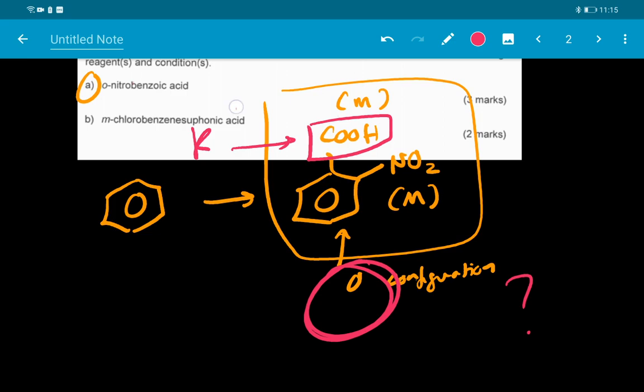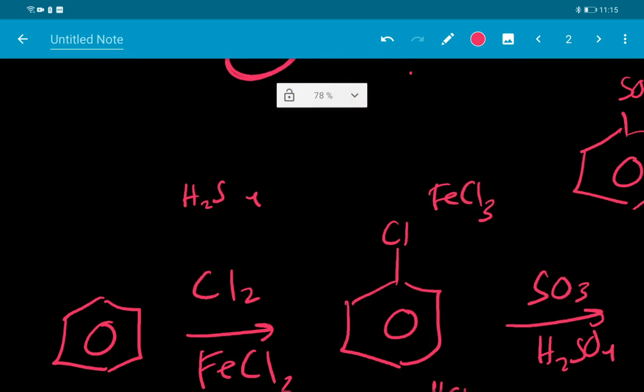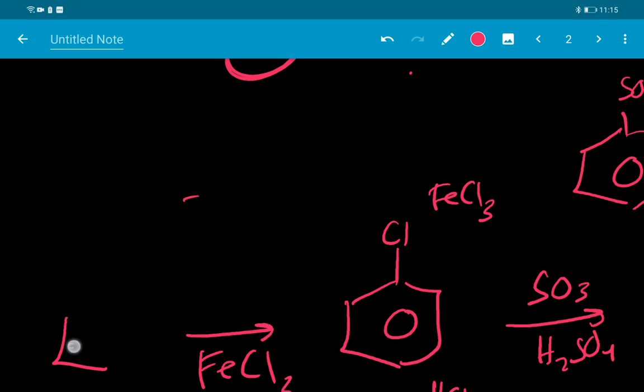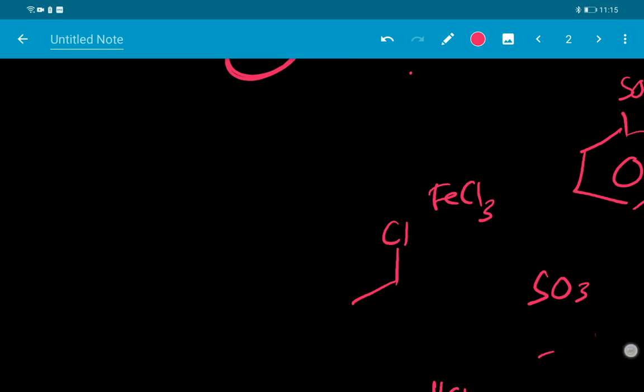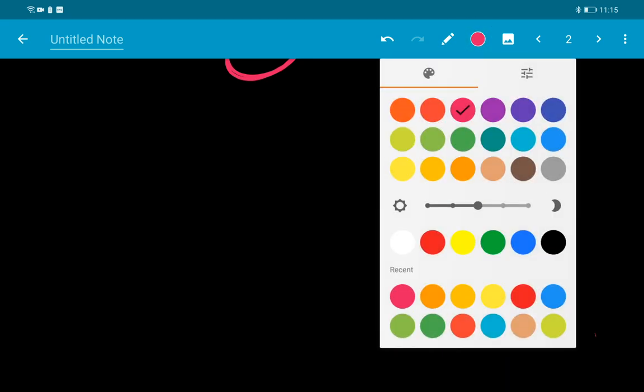After we oxidize it by using potassium permanganate, then it turns into COOH. So how do we answer this question?